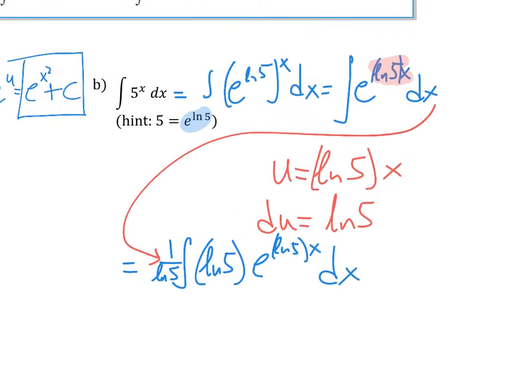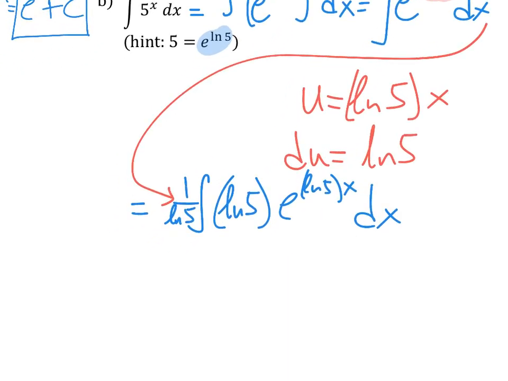Now, again, keep in mind that the natural log of 5 is a constant. So now we have everything we need to say this is 1 over the natural log of 5 times the integral of e to the u, du.